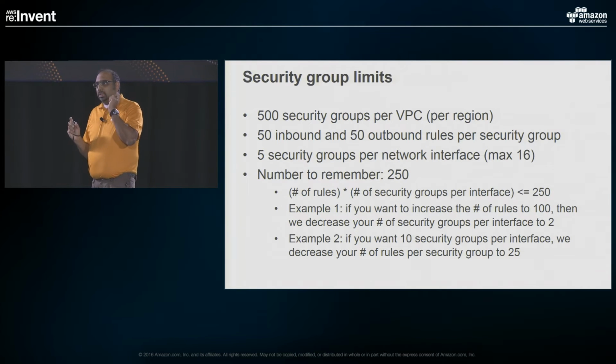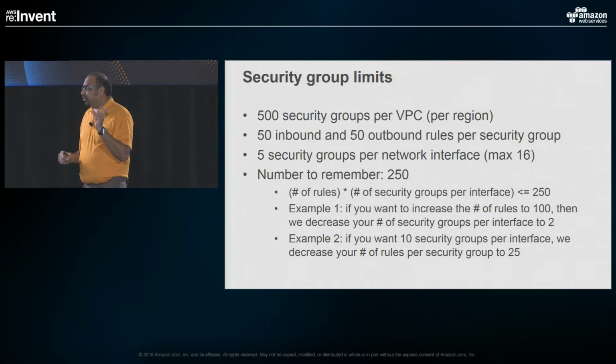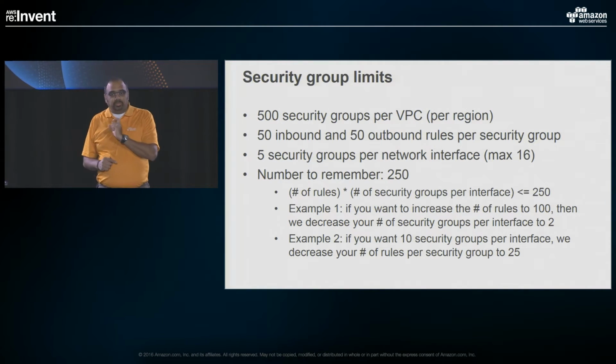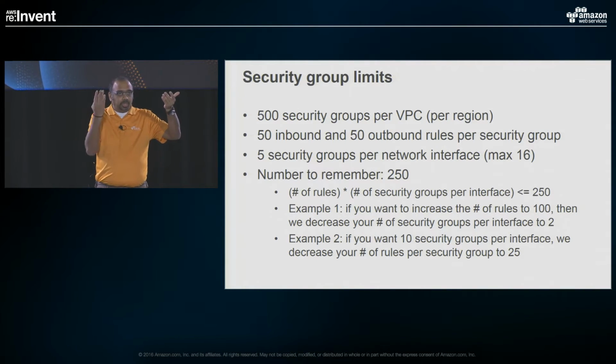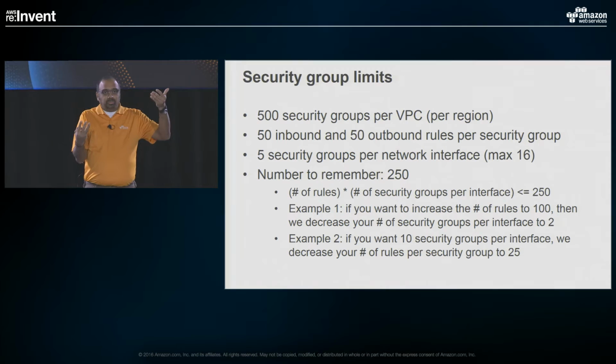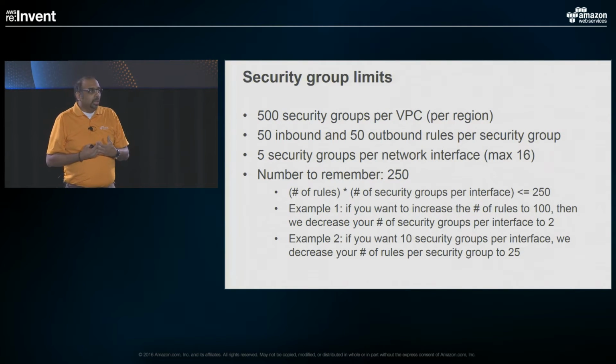A key number you're going to be looking for is the multiplication of 50 and 5, which is effectively the number of rules per network interface. You multiply the two, and that's 250. This 250 is the magical number.